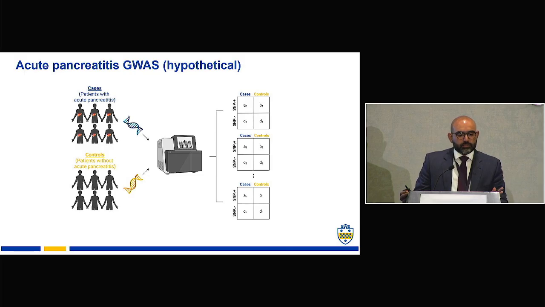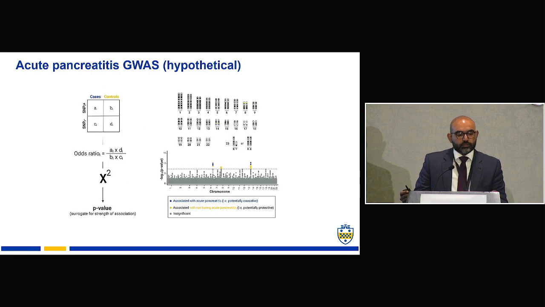For each SNP, we would then calculate the prevalence among cases and controls and compare them. We can summarize this comparison as an odds ratio and calculate the statistical significance using chi-square testing to get a p-value. If we map all these SNPs to chromosomes and the associations, we can develop a Manhattan plot, which is shown at the bottom right corner, which describes the chromosome on the x-axis.